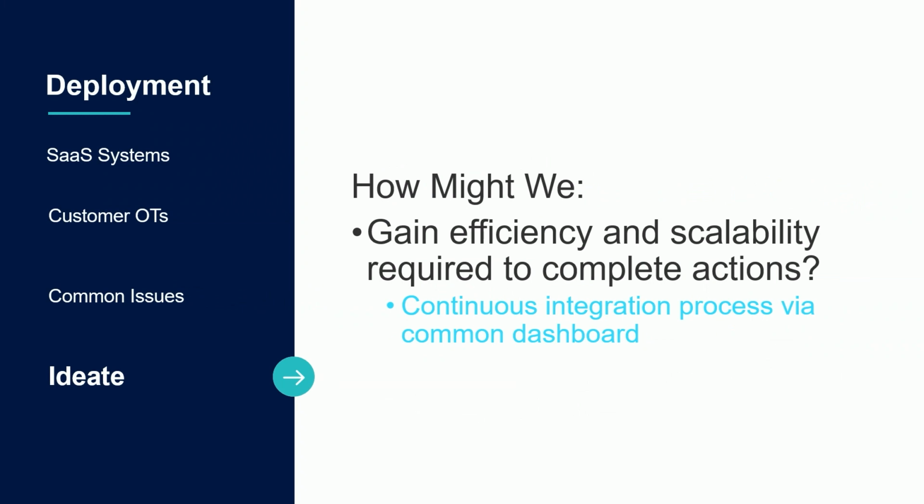So the big thing for us internally is how can we be efficient and be able to scale managing all of these different OTs. And for us, it's the big one. It's not one OT or a lot of OTs for one single client. It's a lot of OTs for multiple clients. So any solution that we look at needs to be able to apply to 30, 40, 60 different clients, right?